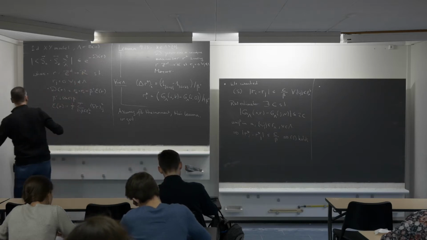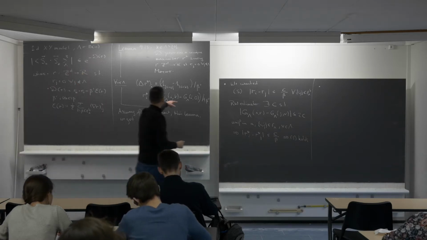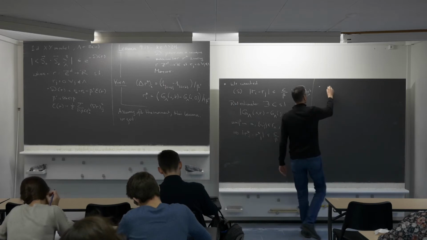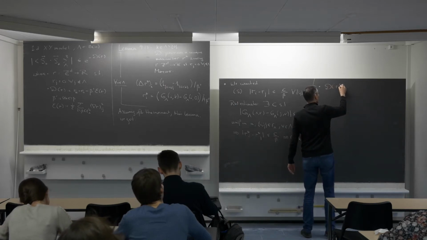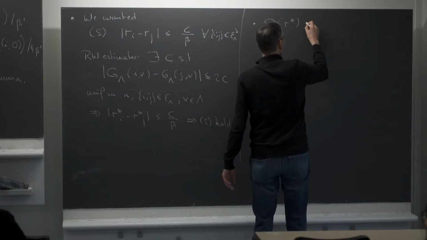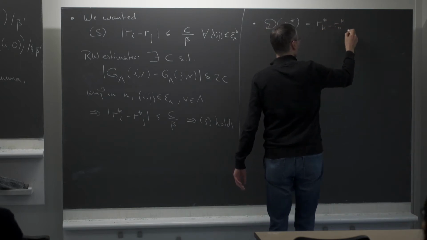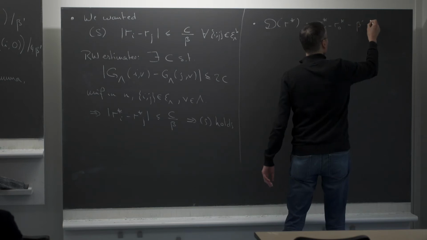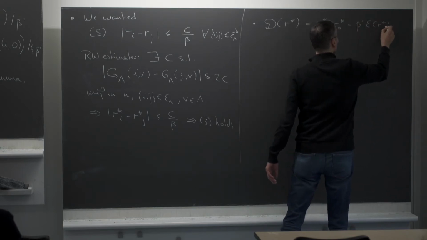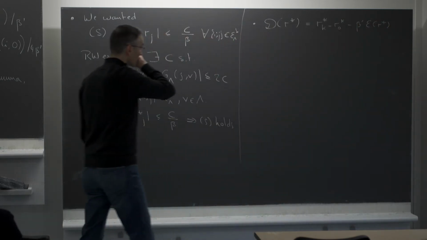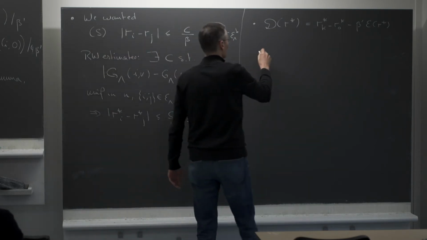So I have to compute D of R star, where R star is given by this quantity. I want D of R star. So by definition, this is R star k minus R star 0 minus beta prime E of R star. Okay. So let's write things down explicitly.